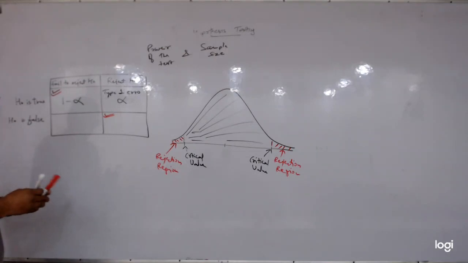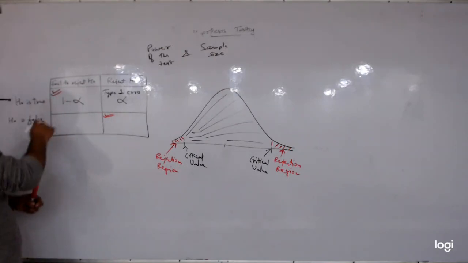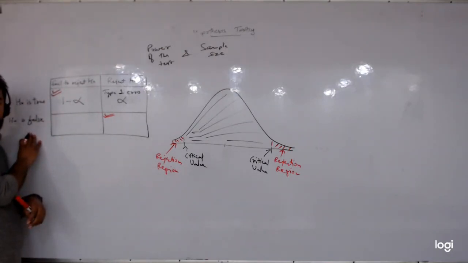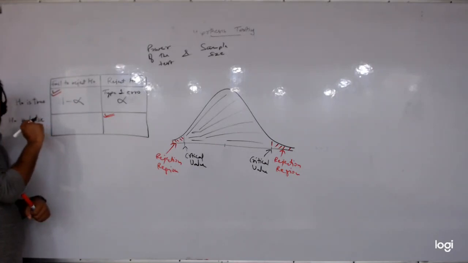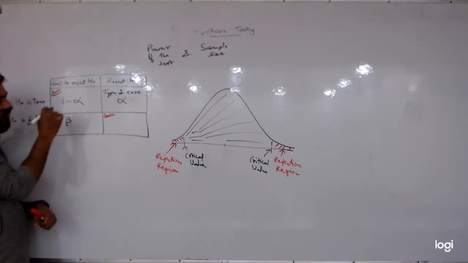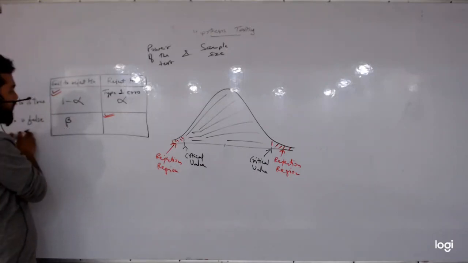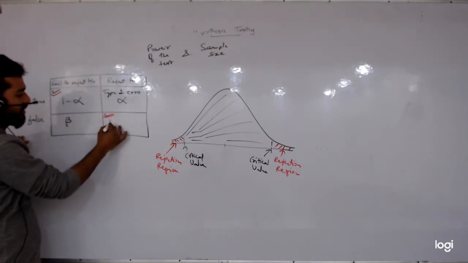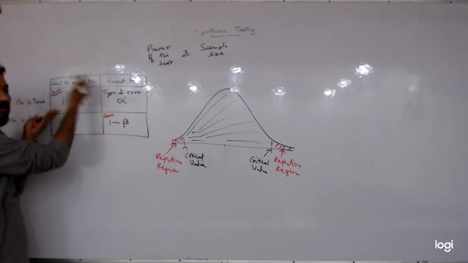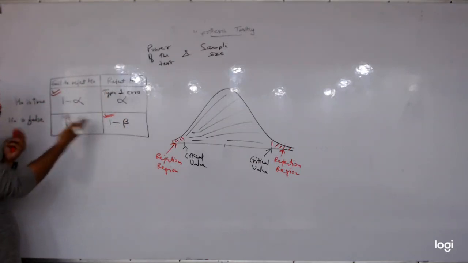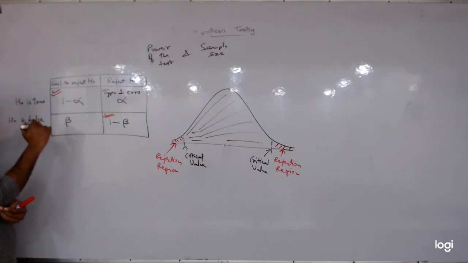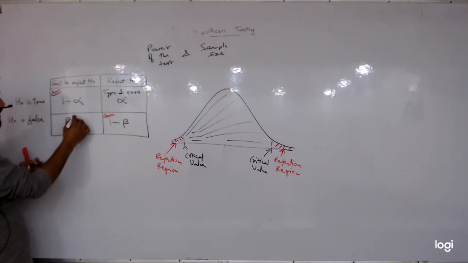But now I'll just say, if H naught is false and we still fail to reject it, that probability would be beta. And if H naught is false and we reject it, there are only two things we can do if it's false. If this is beta, this has to be 1 minus beta. Where's the error here? The error now is this. It's false, but we're not able to reject it.